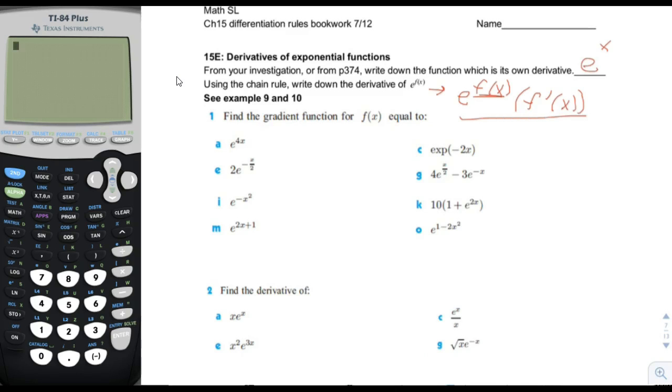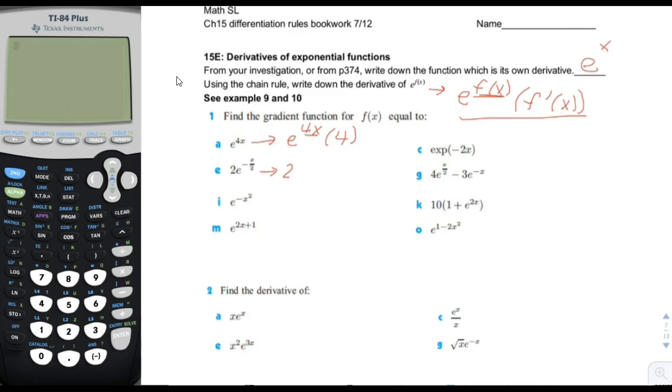Find the gradient function for f of x equal to... let's see, so what is the derivative of e to the 4x? So it's just e to the 4x, but we do need to take the derivative of this inside function, which would be 4. What about this one?